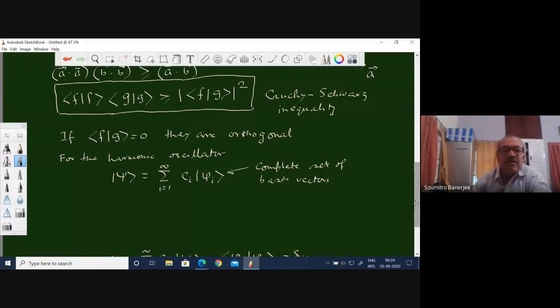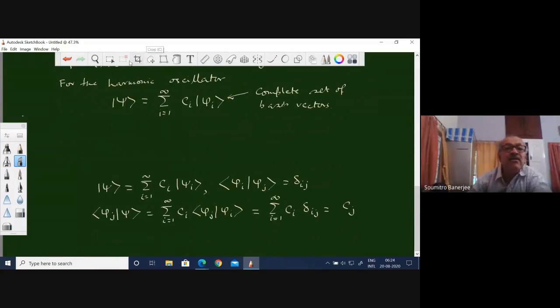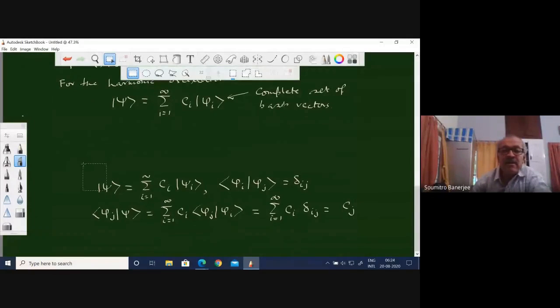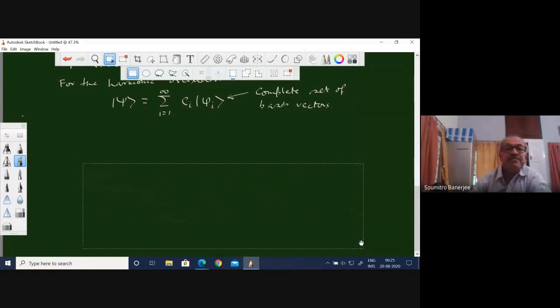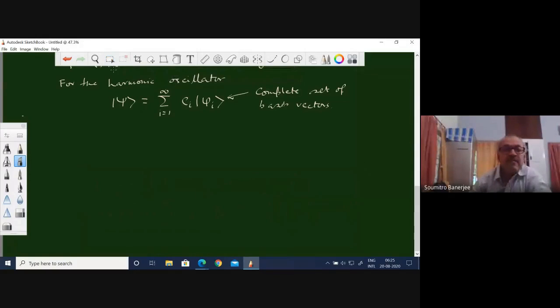Let me kill this and I want to show what I mean to say. Suppose I have, let me draw here, two basis vectors like this. So this is our psi1 and this is our psi2. And a vector psi is expressed in terms of these two.